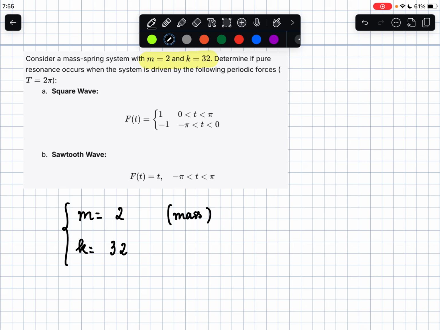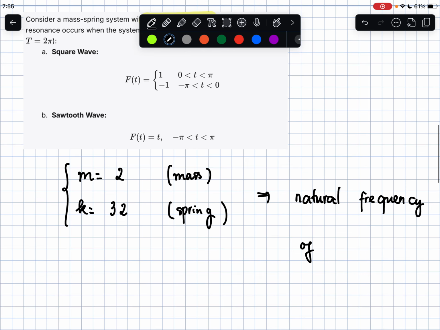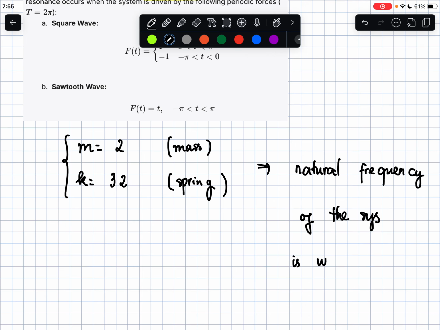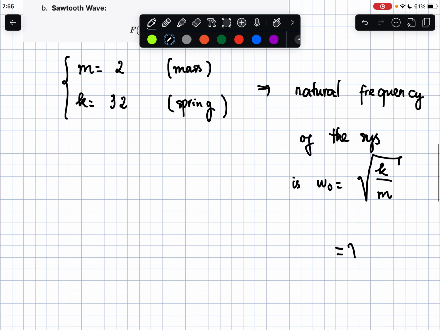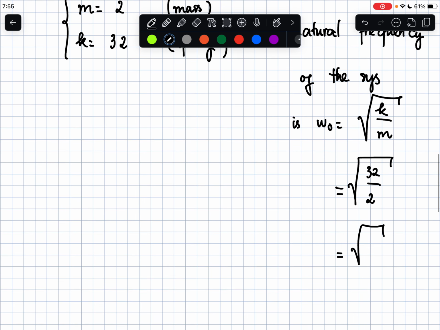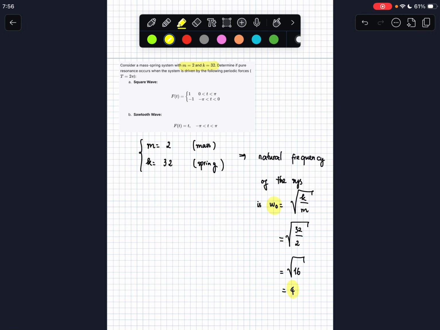You can find the natural frequency of the mass spring system: omega naught equal to the square root of K divided by M. So the square root of 32 divided by 2 is the square root of 16, which is 4. So from that data, we know the natural frequency is equal to 4.